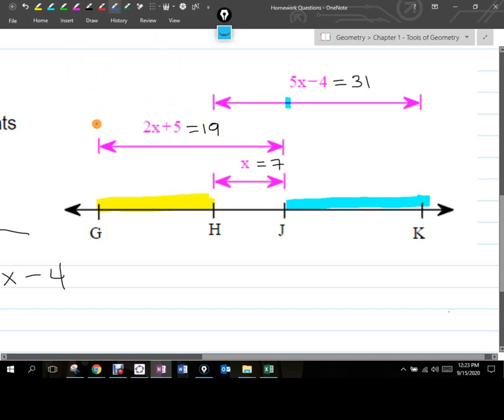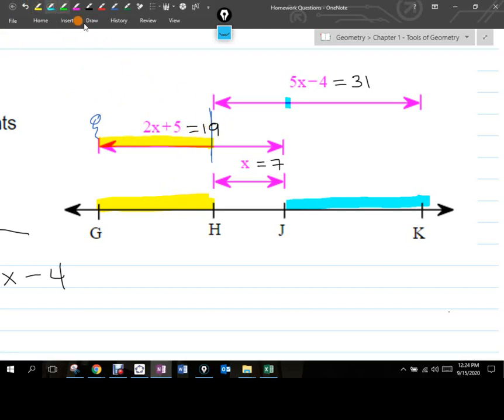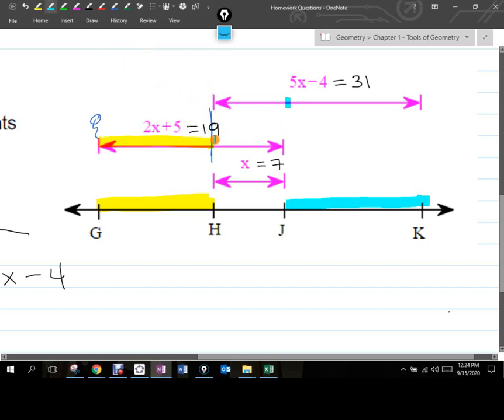If you were to start right here and walk from G to H, it's going to put you right there, right? So you're going to walk ultimately that yellow amount, correct? Which should be less than 19. But if I stopped there where that bar is and then kept walking that distance right there, how big is that distance right there?